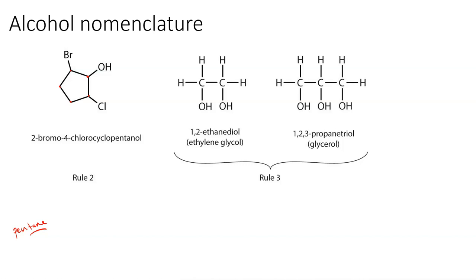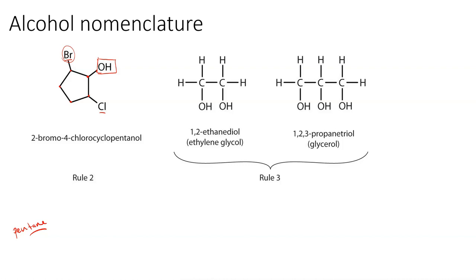Typically we have different priorities. So a higher priority here is we're going to name this as an alcohol because we have an alcohol functional group over a halogen, for example, either of these. And between bromine and chlorine, the bromine is heavier, has a higher molecular weight. So typically that has a priority over the chlorine.